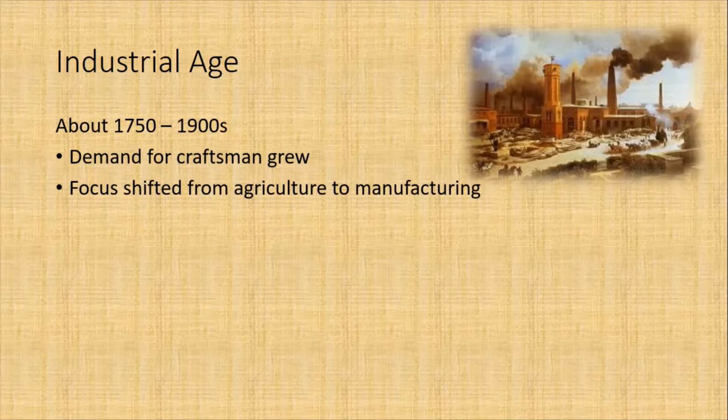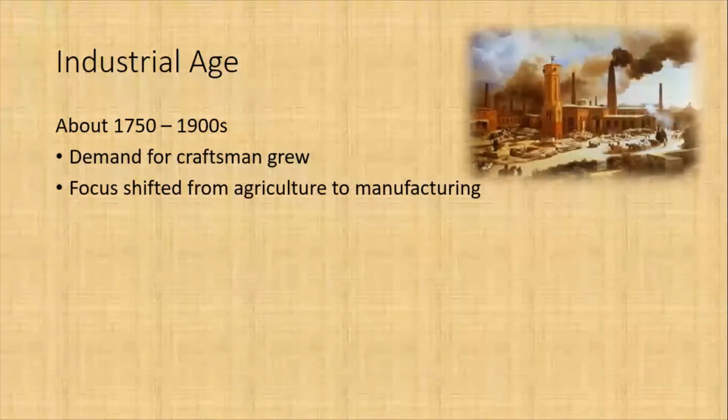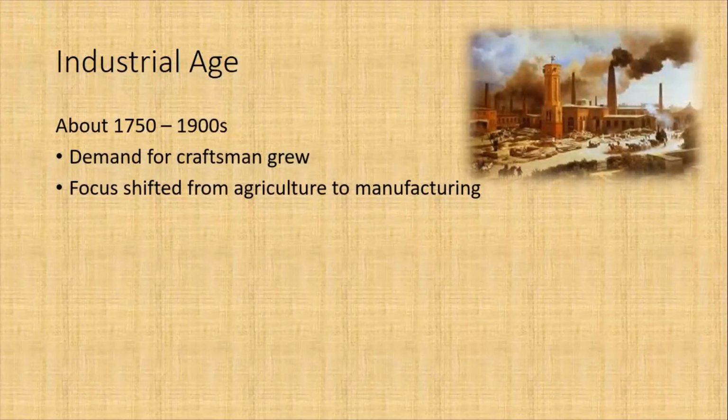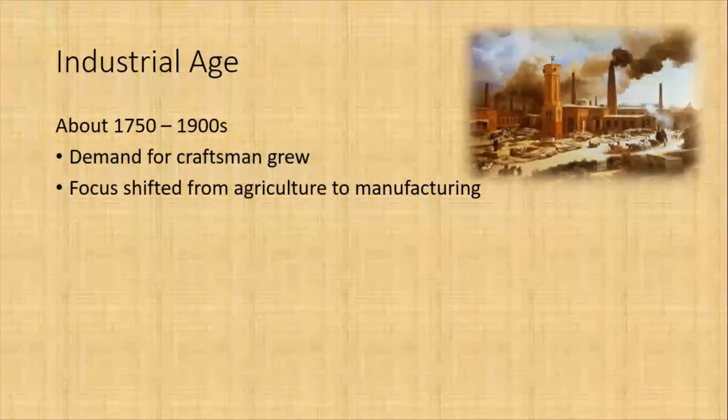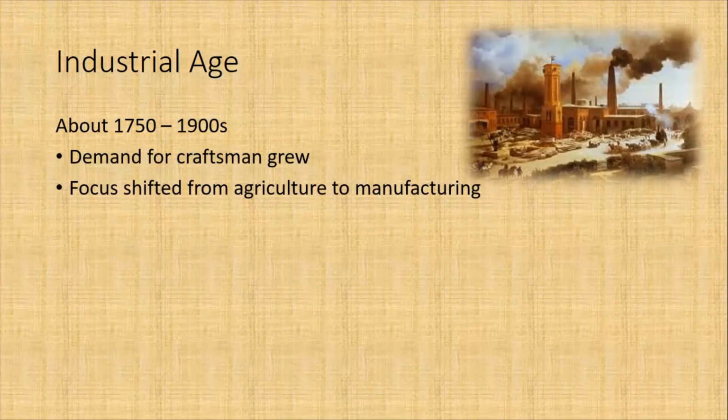We know the Revolutionary War, the War of 1812, the Civil War, Reconstruction. In the early 1900s, we developed the internal combustion engine, and cars and planes and flight. So there was a lot of different things that happened during this industrial age.